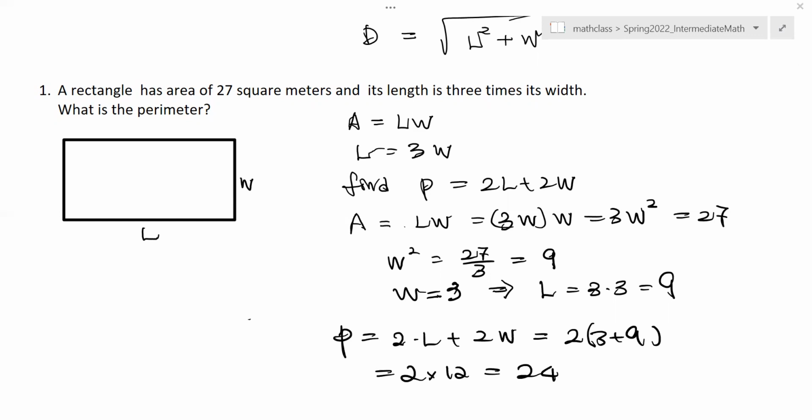And don't forget the units, because the problem says meters, you have to put the meters there. That's the end. So that's how we solve the problem: write down the formulas you need, then write down the given information, and then solve those equations step by step.